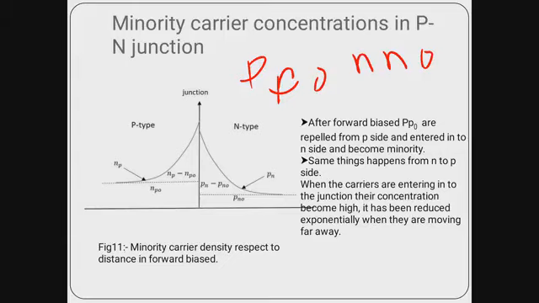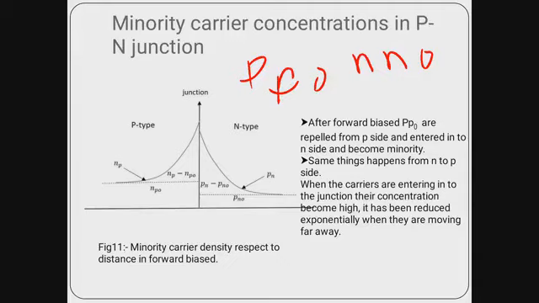Due to the forward bias, from the positive terminal, holes are repelled from the P side, hence this amount P0 is repelled from the P terminal and enters the N side, and they become minority carriers.